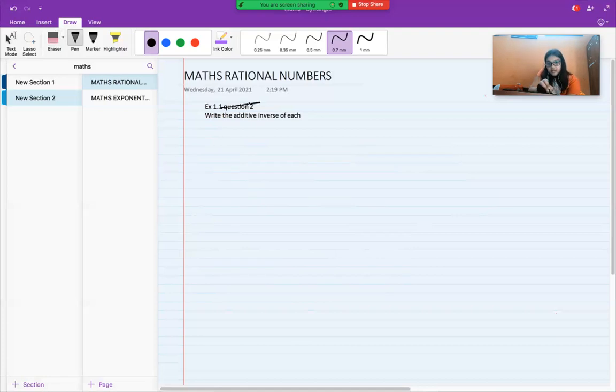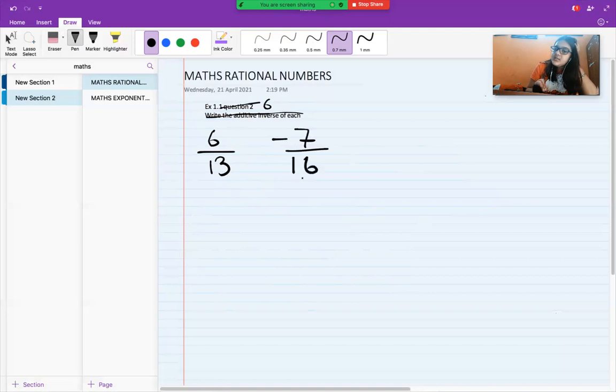Question number 6: multiply 6 by 13 by the reciprocal of minus 7 by 16.